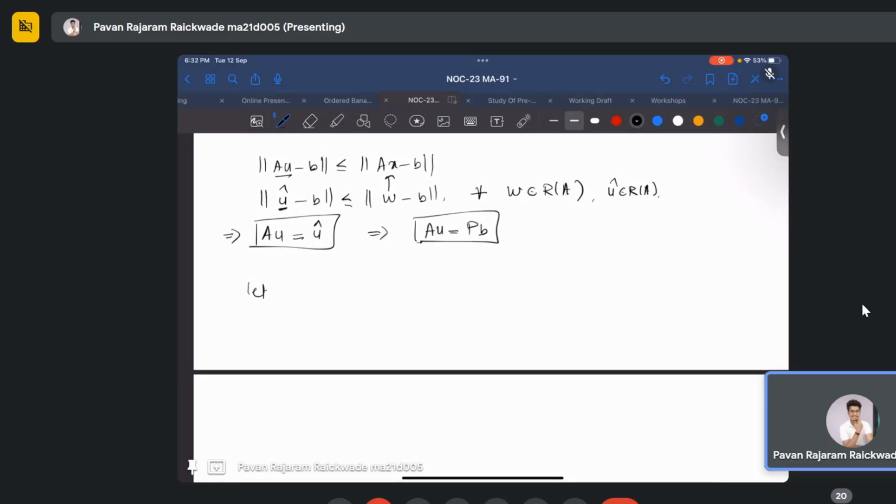Let A be this matrix: 1, minus 1, then minus 2, 2. This is my matrix A. Now take b as 1, 0.